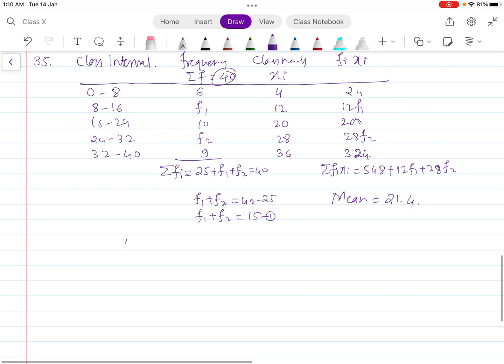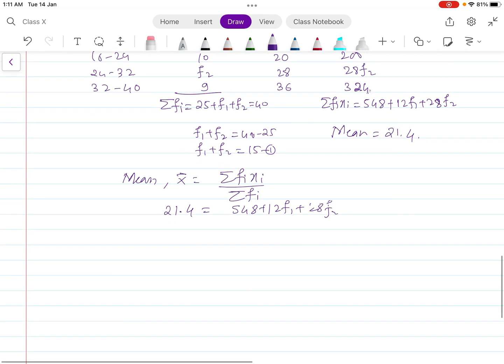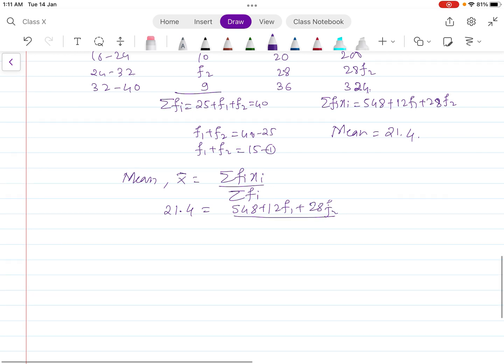So mean x bar equals the formula summation fi xi divided by summation fi. The 21.4 they have given; summation of fi xi we just obtained as 548 plus 12 f1 plus 28 f2, divided by summation of fi, which they have given as 40.